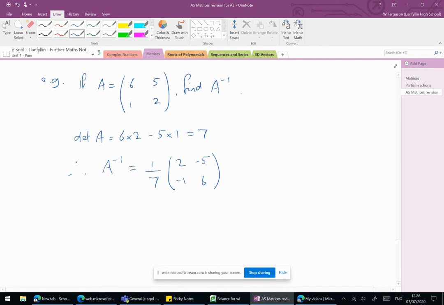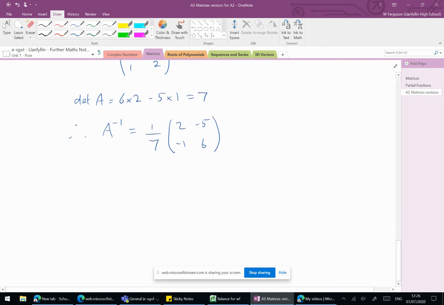And if you want to, you can put the fraction inside the matrix by multiplying each element inside the matrix by the scalar value you've got outside it, whatever 1 over determinant there. So we could have this as 2/7, -5/7, -1/7 and 6/7.